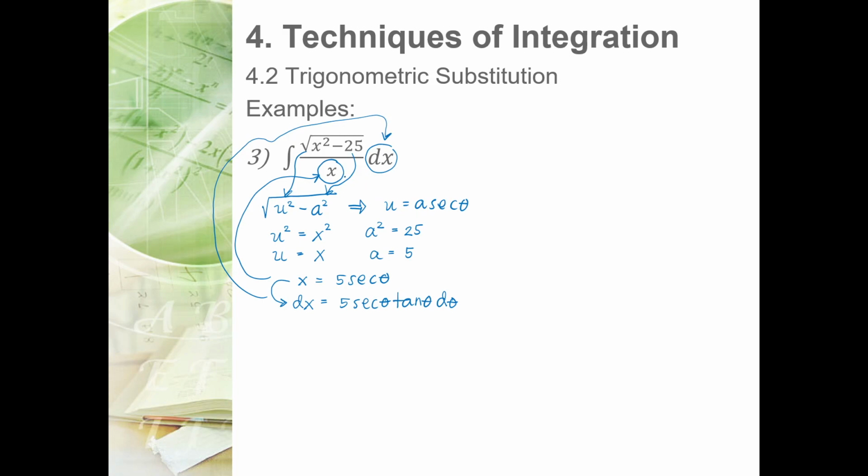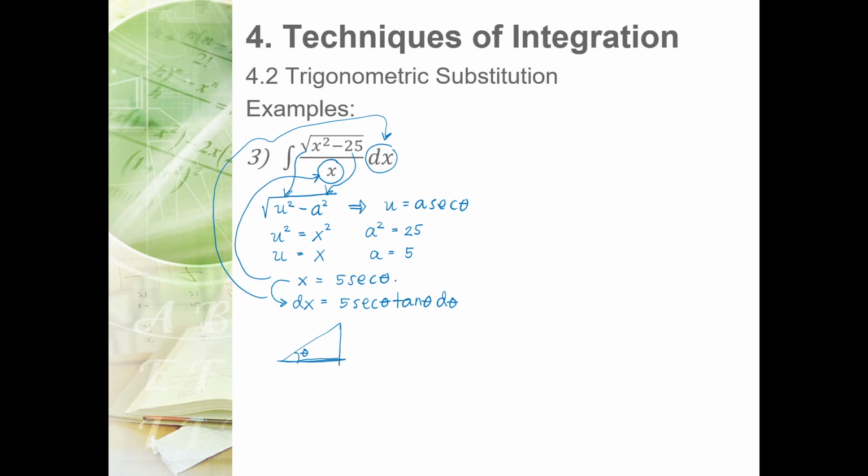Okay, so what's left for us to replace is the radical expression, the square root of x squared minus 25. So again, how can we replace that one? First by drawing the right triangle. So theta, right?